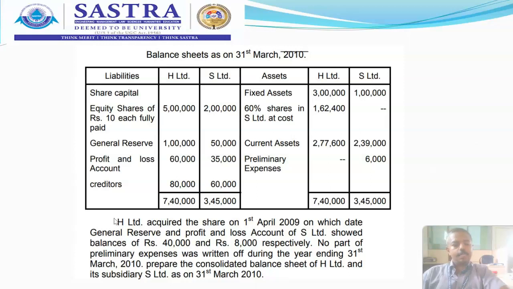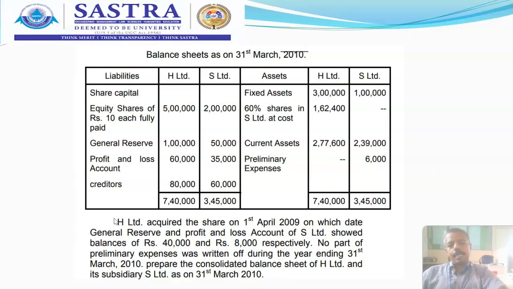The profit and loss account, which means the accumulated profits over a period of time, is rupees 60,000 in H Limited and rupees 35,000 in S Limited. And the last, creditors: rupees 80,000 in H Limited and rupees 60,000 in S Limited. So the total of liabilities in H Limited is 7,40,000 and in S Limited is 3,45,000.